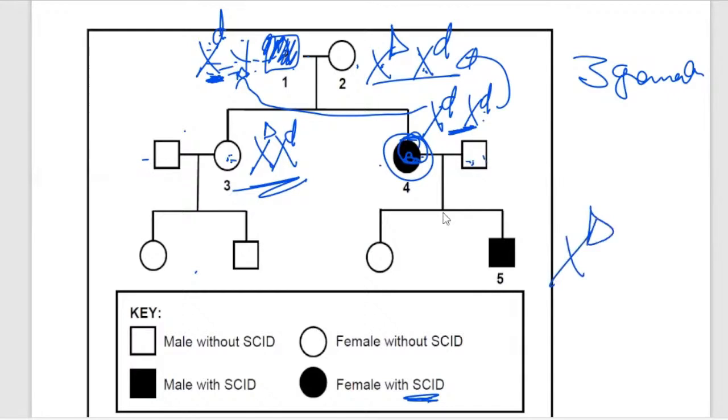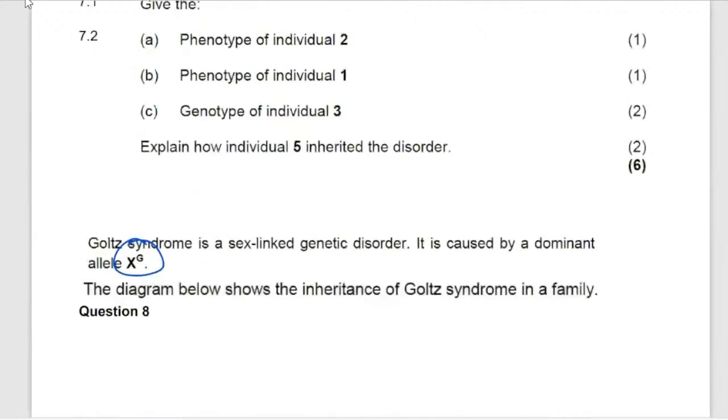So individual 5 is a male who is sick, and therefore obtained a recessive allele from the mother. You have to tell us that individual 5 is affected with this disorder and received one recessive allele from the mother, who is number 4. Therefore, I think that's how you can explain.